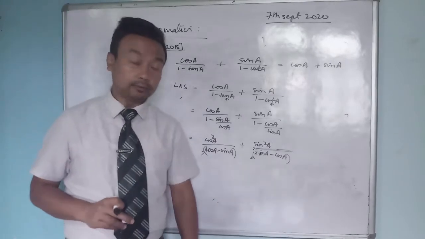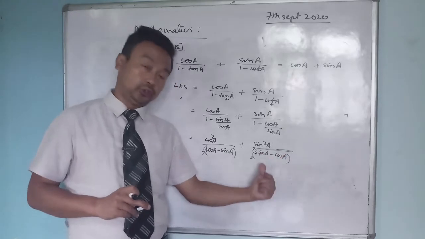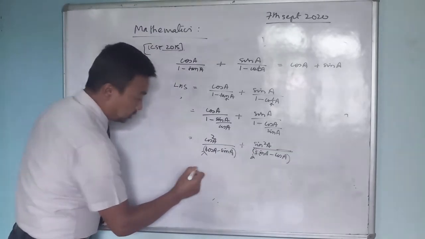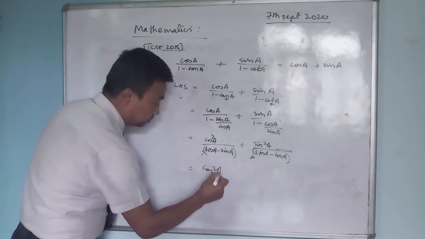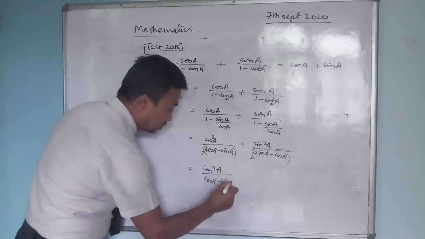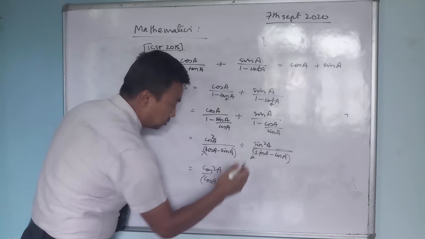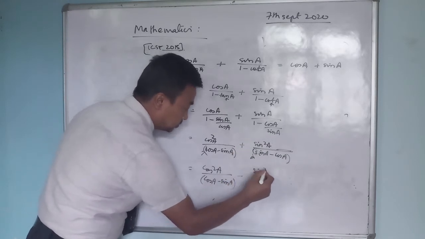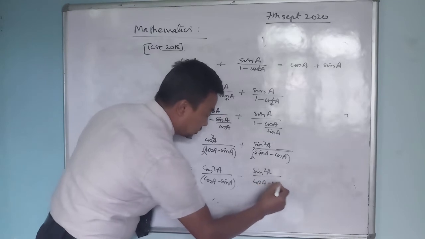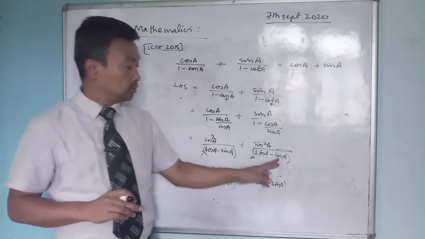So we can make this denominator same by interchanging their position. With that, the sign also has to change. So let us make the denominator same. When there is plus, if I want to make cos A minus sin A, so plus becomes minus. So it will be cos A minus sin A. Why did we change this?